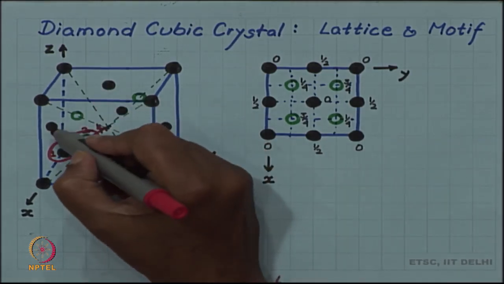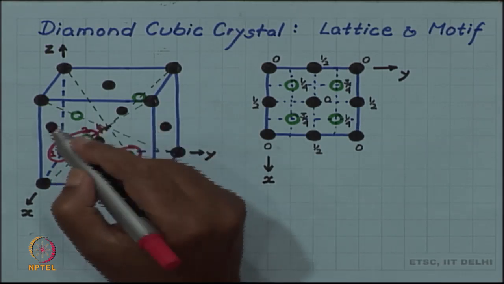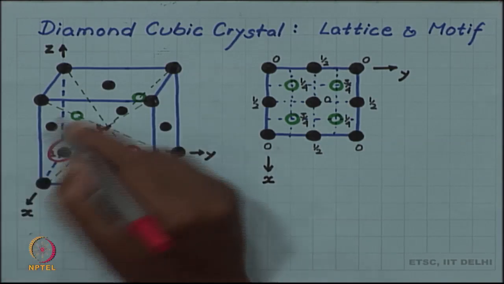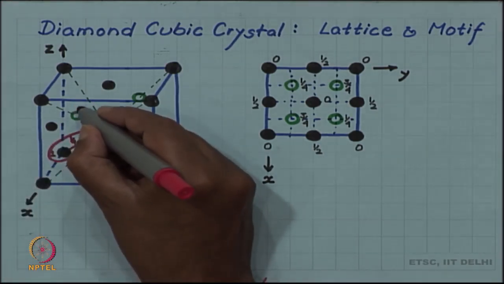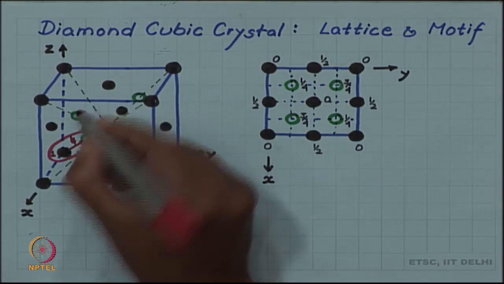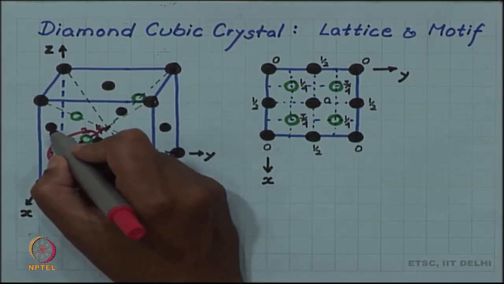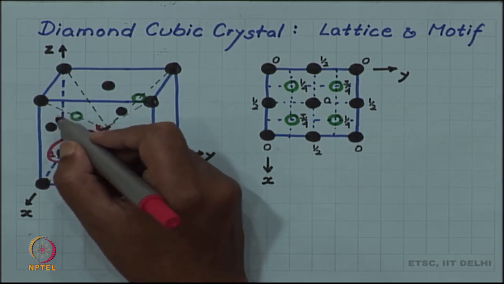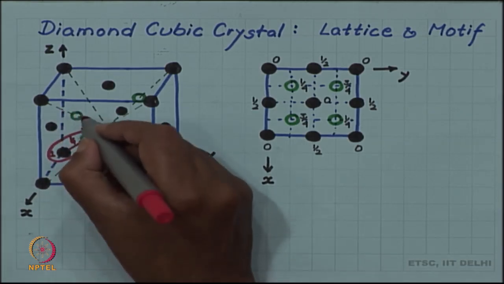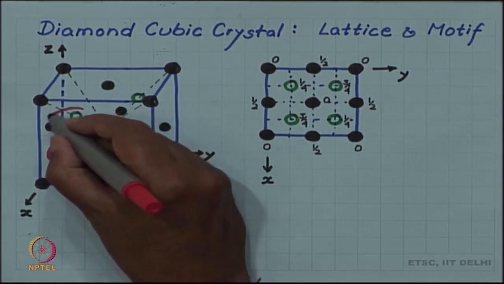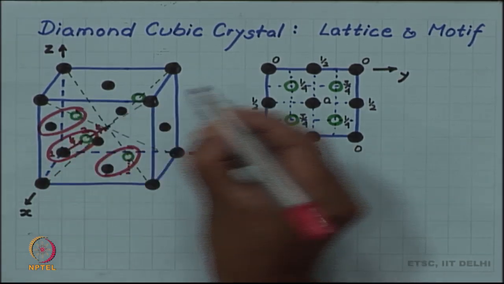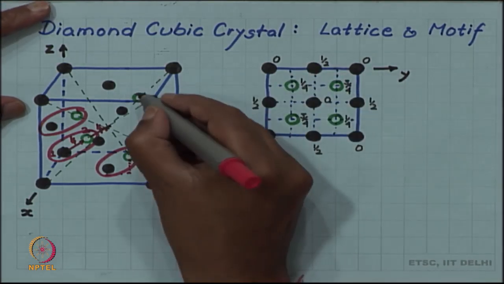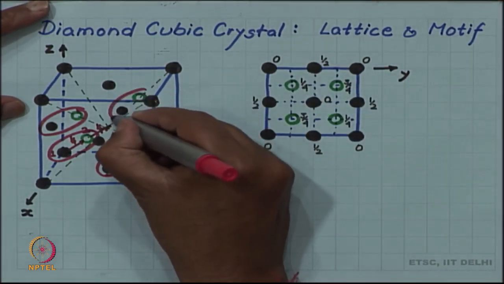Similarly, if you look at this vertical face center, from here if you go 1/4 along x, 1/4 along y and 1/4 along z, you will come to this atom which is sitting at 3/4. Recall that this center atom is already at half height. So, if you go a further 1/4 height up, you will come to 3/4, and this atom was the 3/4 atom. So, this is also associated with this, and this one is associated with the back face center.